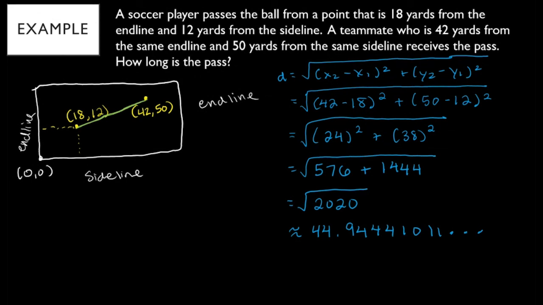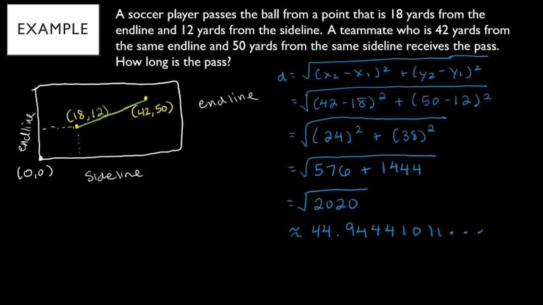We're not told how much to round this to, but I would probably round this to a whole number, which would be 45, and say it's about a 45-yard pass. We have to include the units. We want to write this as a sentence because it is a word problem.